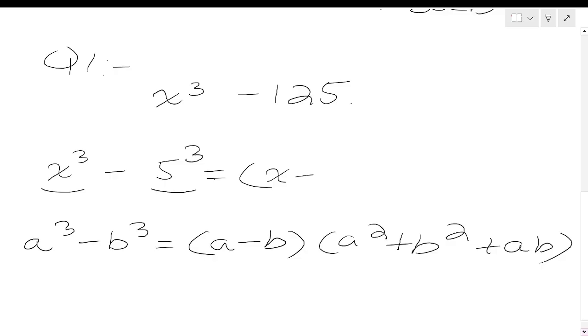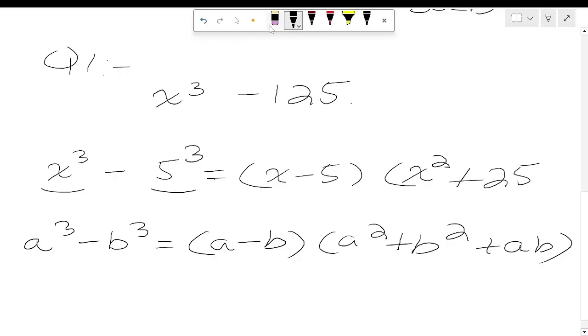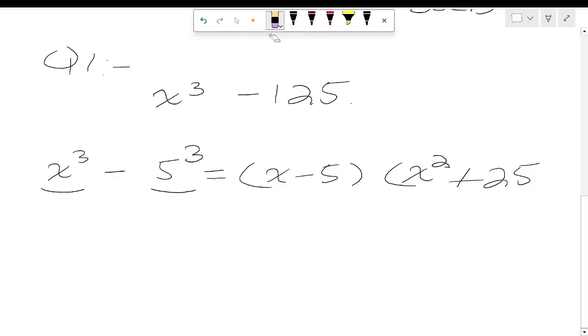So I'll write x minus 5. Then I'll write a square. Now what is a square? We'll take x and we'll take its square. Then we have b square, so the square of 5 will be 25. And then we will write ab. So ab will be 5x, since x and 5 combined together is 5x. So I'll write it here. So this is your answer for the first question.